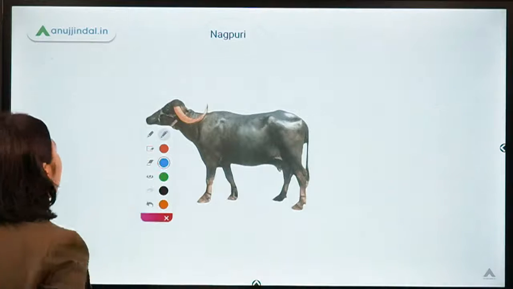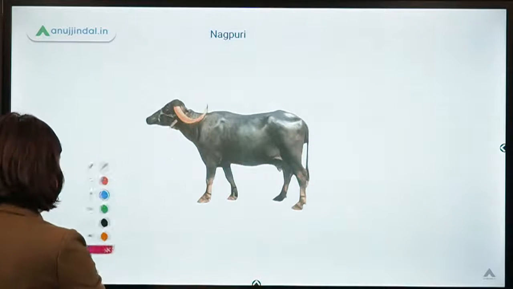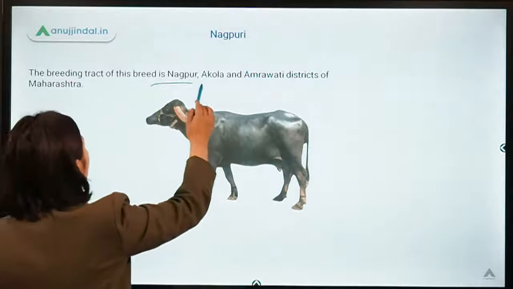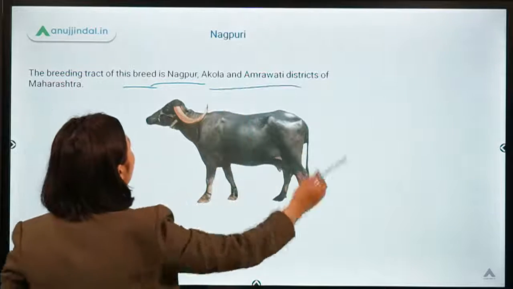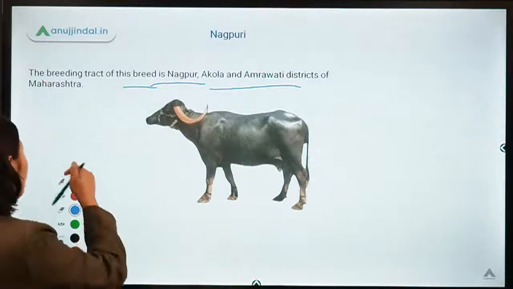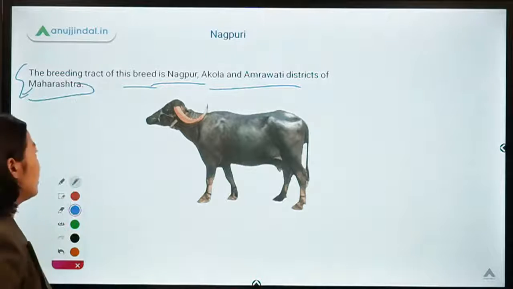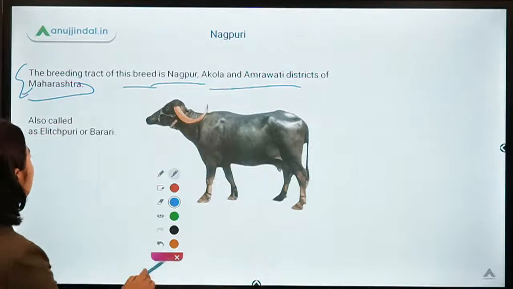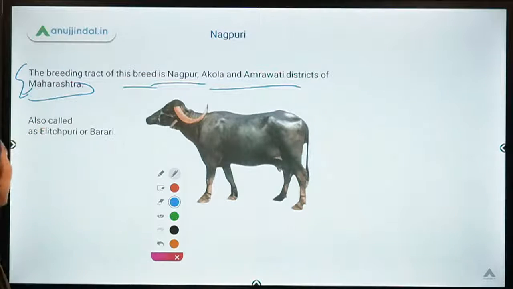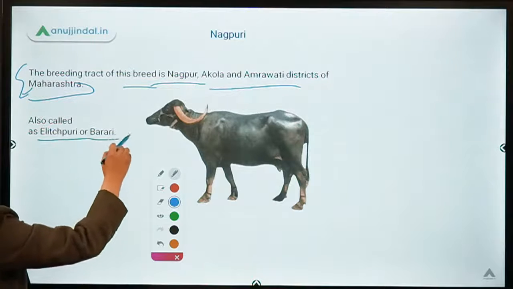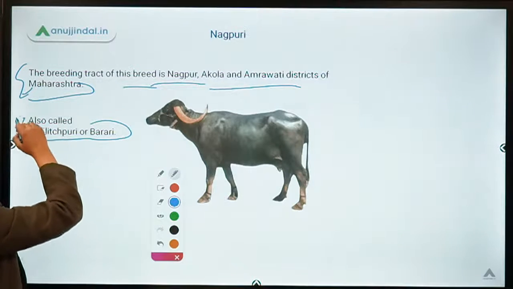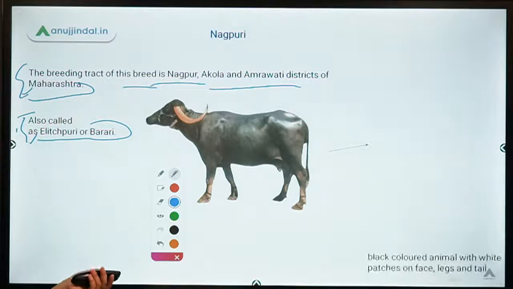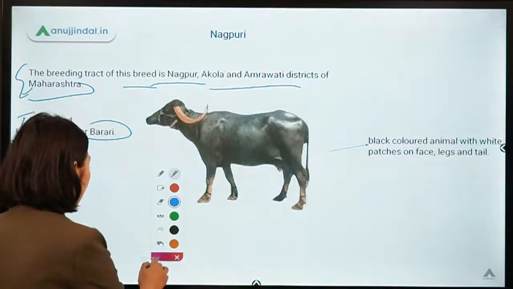Another breed we have here is the Nagpuri breed. The Nagpuri breed is bred along the areas of Nagpur, Akola and Amravati districts of Maharashtra, so it is found in Maharashtra, and so does the name suggest. Important characteristics: it is also known as Alichpuri and Barari, which are the synonyms or other names for this breed.